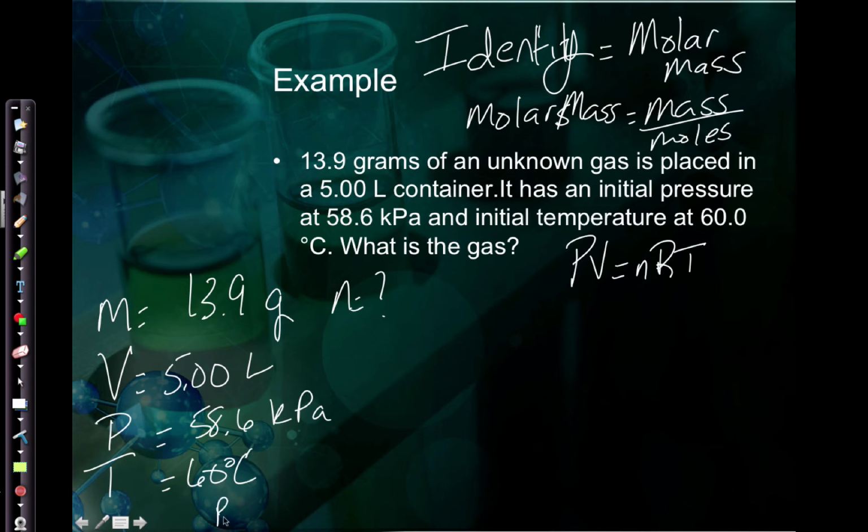R is equal to 0.0821 liter-atmospheres per mole-Kelvin. I'm looking for moles, so that doesn't matter. I have liters and liters, but kilopascals and atm, so I'm going to have to convert this one. 1 atm is equal to 101.325 kilopascals.